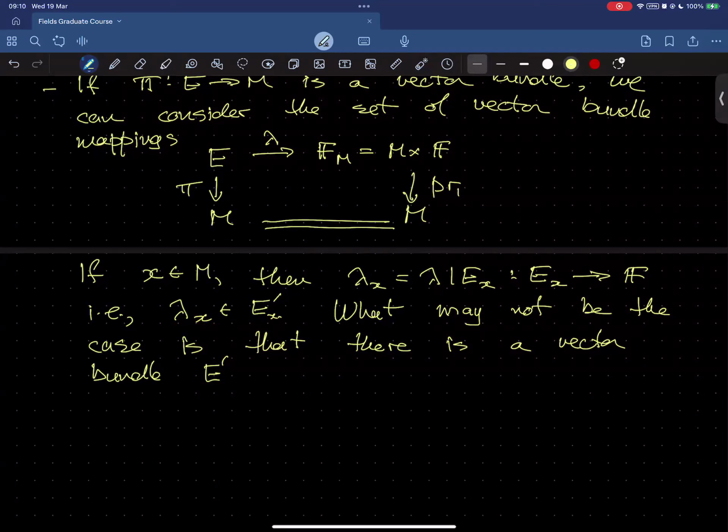So there may not be a vector bundle like this whose fibers are E_x prime. And why is that?